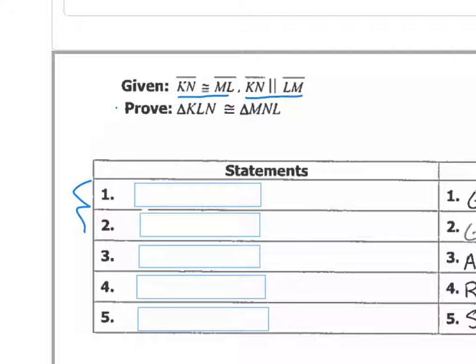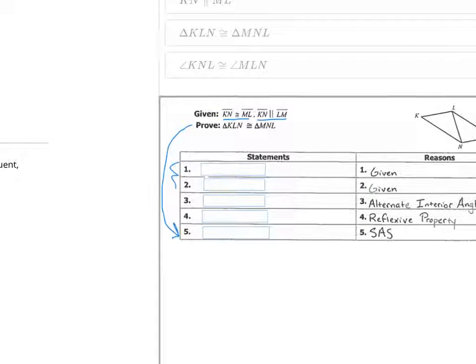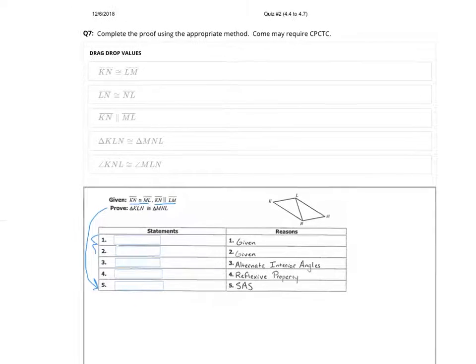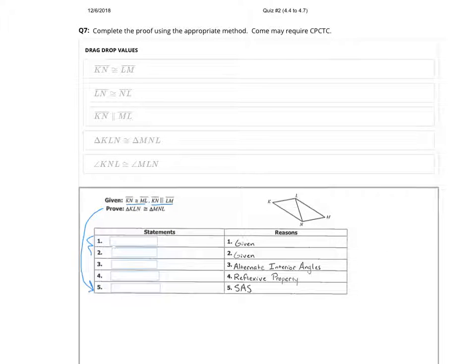And then remember, the prove is always going to be the last one. So that only leaves you with 2, number 3 and 4, that you've got unaccounted for, okay? Number 3 says alternate interior angles, and number 4 is reflexive property, okay? So you got all your choices up here, okay, for the drag and drop. Hopefully you should do well on this.